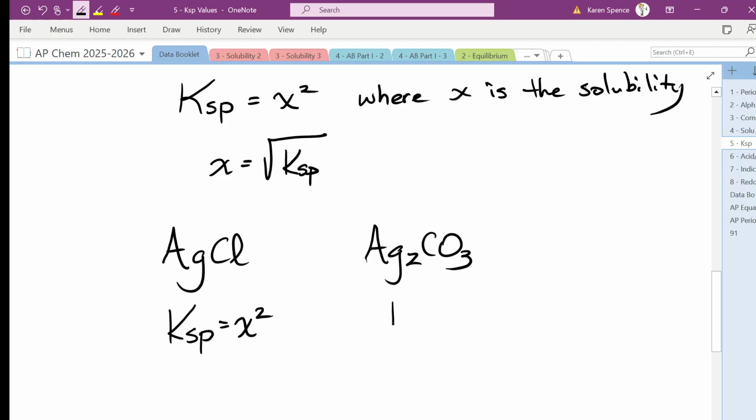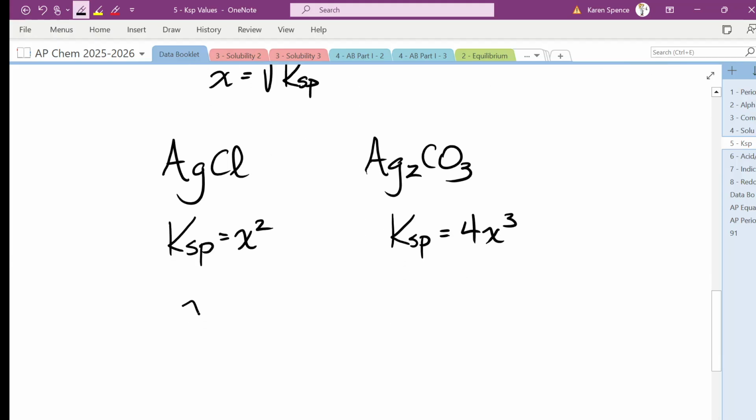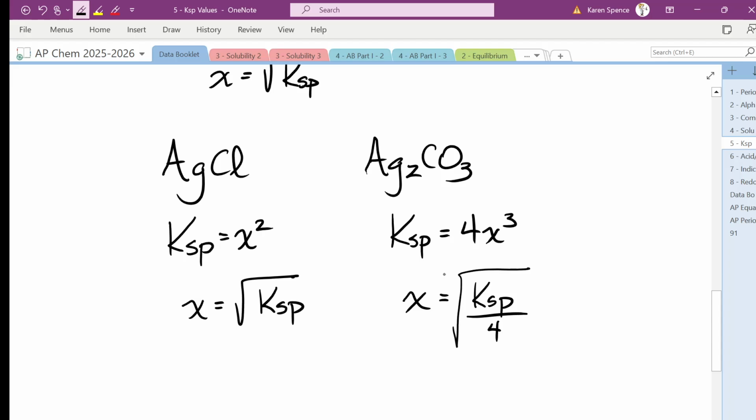For this one, KSP is equal to 4x cubed. So if we're finding x here, x is equal to the square root of KSP, whereas over here, solubility is equal to KSP divided by 4, and then we would have to take the cube root.